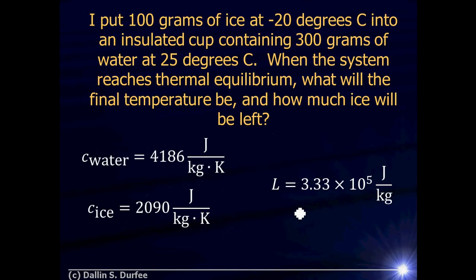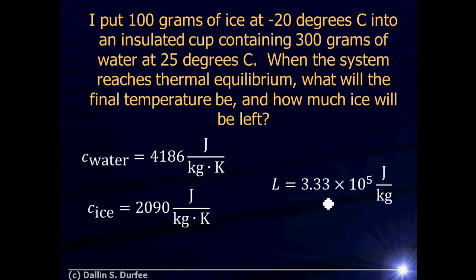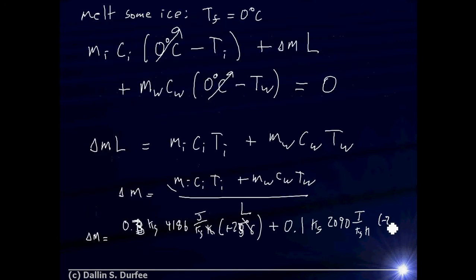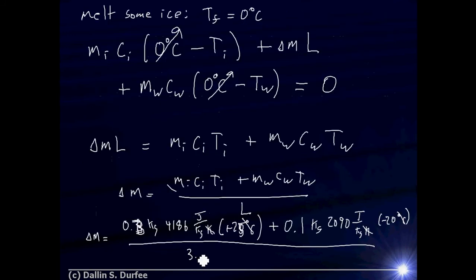The specific heat is 2090 joules per kilogram Kelvin, or degrees C, and my initial temperature of the ice is minus 20 degrees C. So the degrees C cancels again with the Kelvin here. And then in the denominator, we have the latent heat of fusion, which is 3.33 times 10 to the 5th, and the units are joules per kilogram.